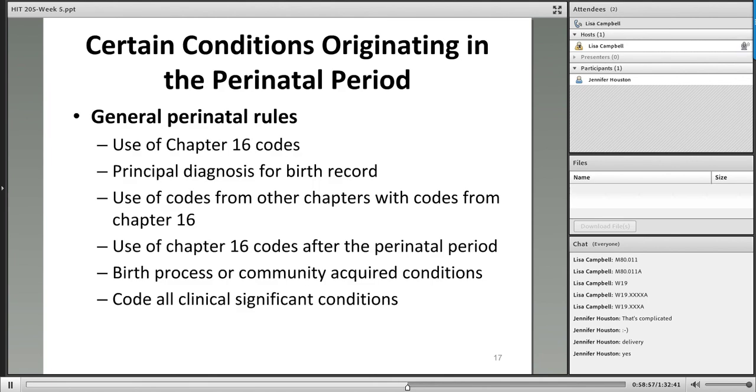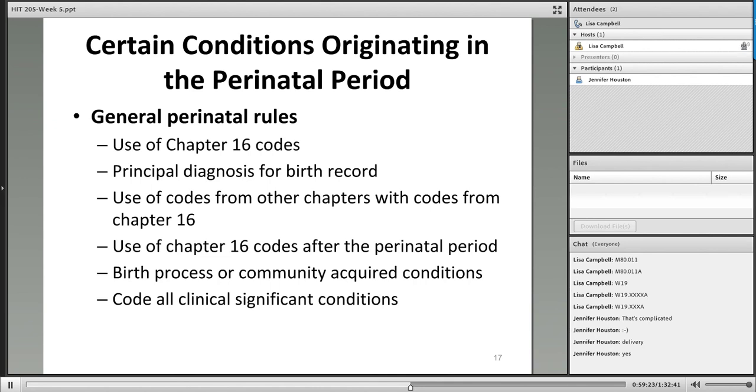Principal diagnoses on the birth record. So remember I said those codes that start with a letter O, it's like, oh baby, the baby is coming, right? Well, on the mommy's record, remember we have that outcome of delivery code Z37 something, right? Well, on the baby's record, quite naturally, the first code is like, hi, I'm here, right?